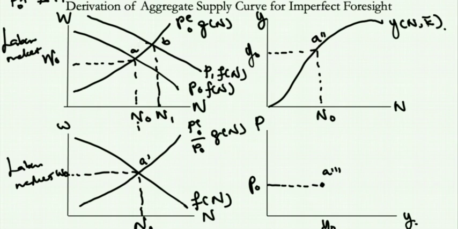Alright. So now, when you look here, the labor realize that over time, price will increase. So when the actual price changes, they adjust the expectation of price.